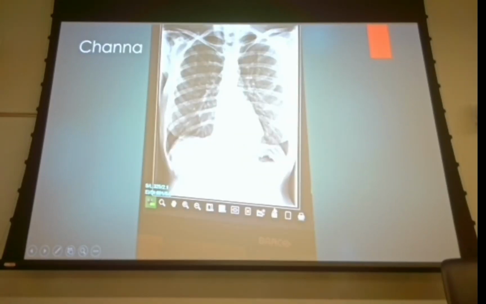All right, so I don't know what the history on this patient was. I mean, it looks relatively healthy. The patient looks relatively healthy, not the x-ray. Maybe a little bit of scoliosis going on there, no real rotation.